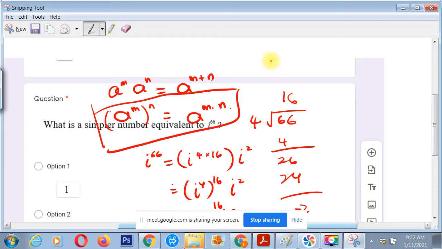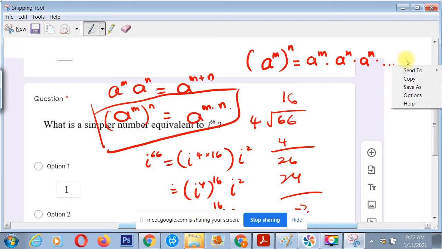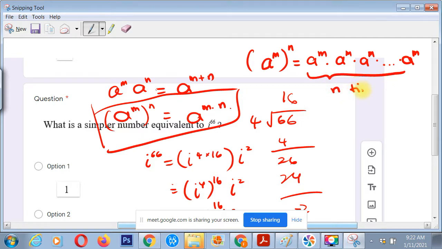So if we have (a^m)^n, it equals a^m, how many times? n times. So a^m times a^m times a^m until n times.